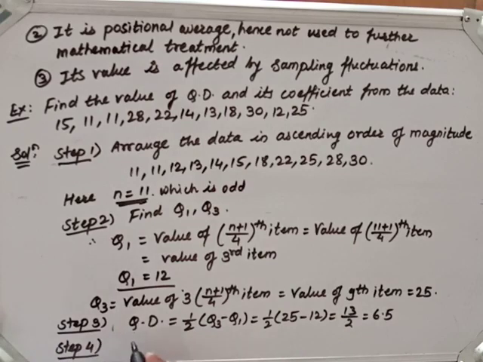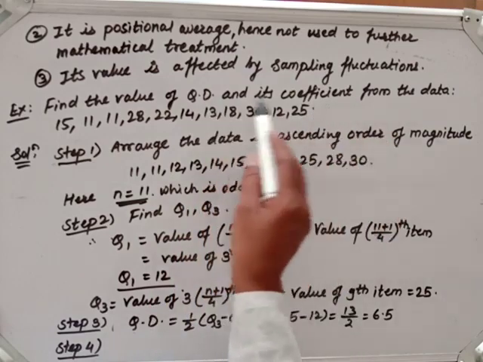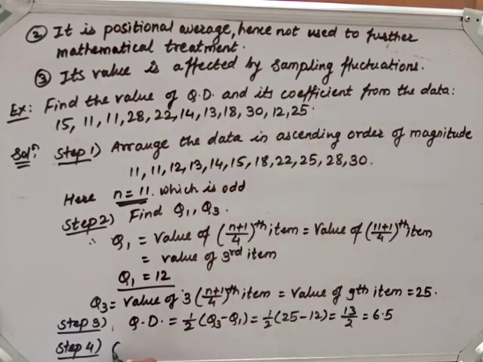Last but not least, step 4 is the coefficient of quartile deviation. You know it; we already covered it in the theoretical part: (Q3 minus Q1) upon (Q3 plus Q1).